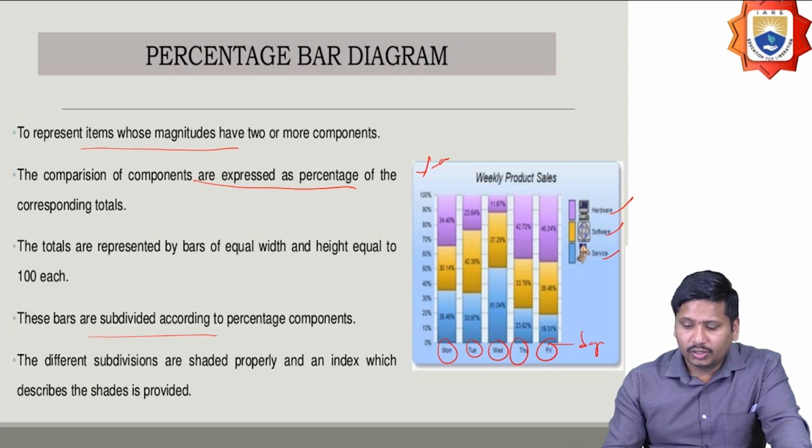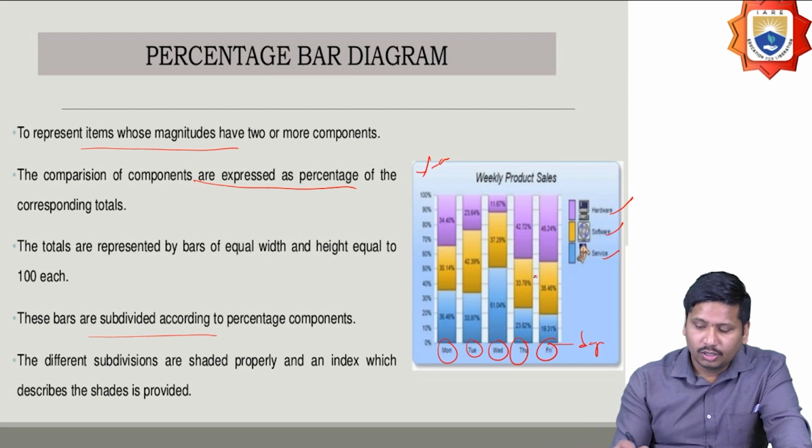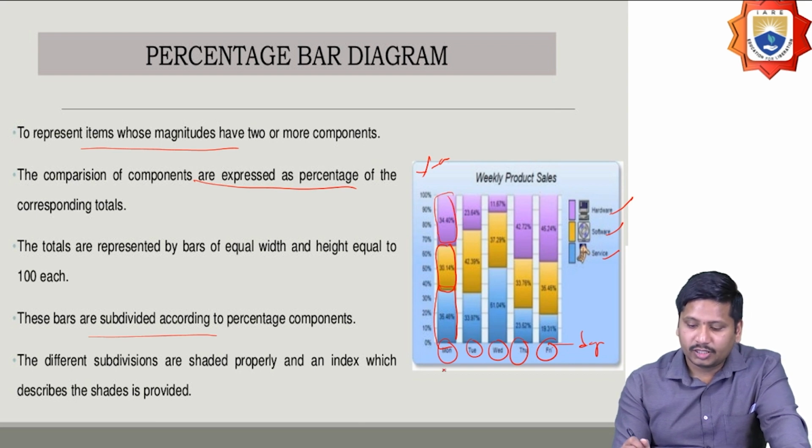Let it be 35% services on Monday, 30% software purchased, and 34.4% hardware purchased on Monday.